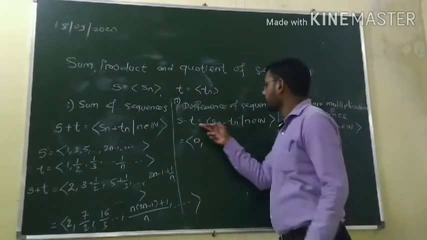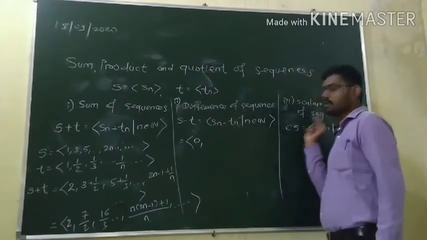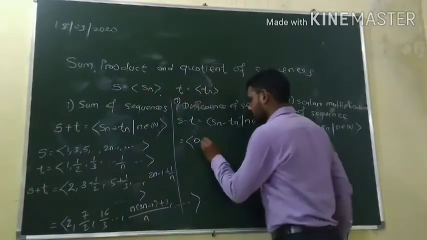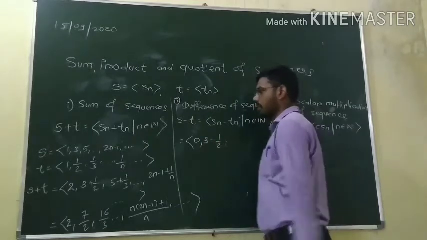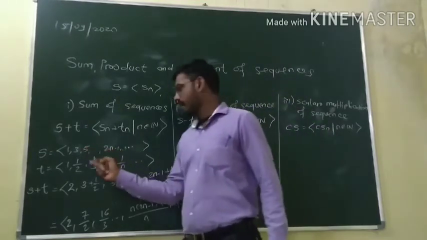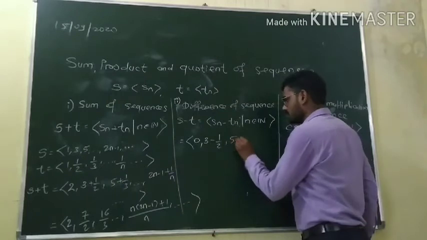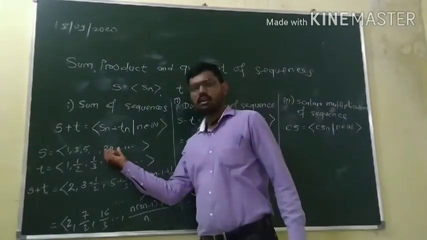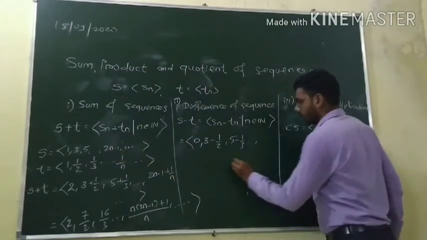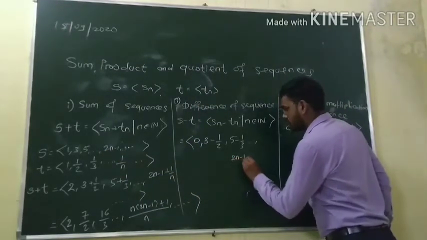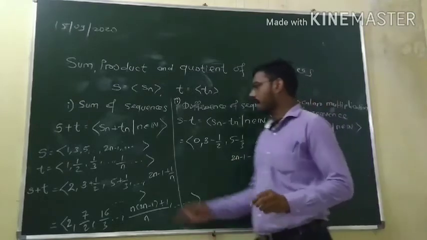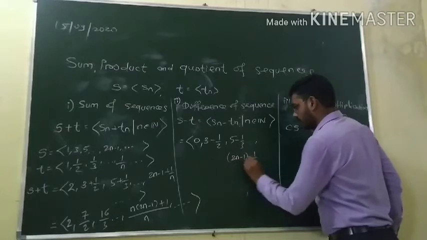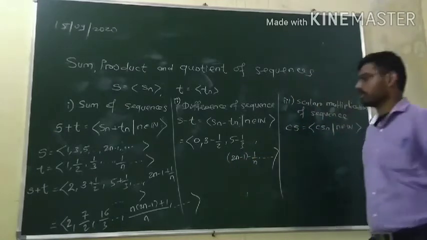Putting n equal to 1 onwards, we get the second term as 3 minus 1/2, the third term as 5 minus 1/3, up to the n-th term, which is 2n minus 1 minus the n-th term of T, which is 1/n.